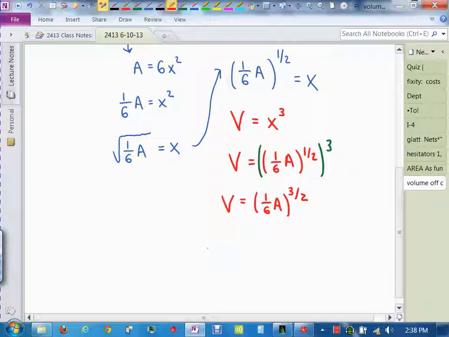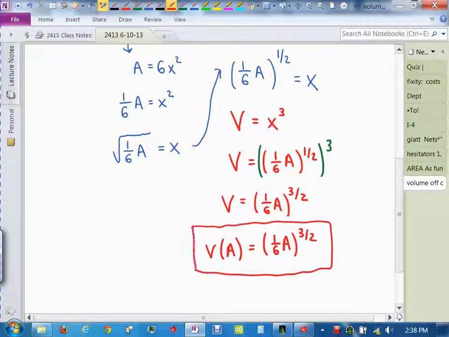The only thing left to do would be maybe write V of A equals 1/6 a to the 3/2. That's just writing it as a function, okay? Like f of x, I'm writing it V of A. All right.